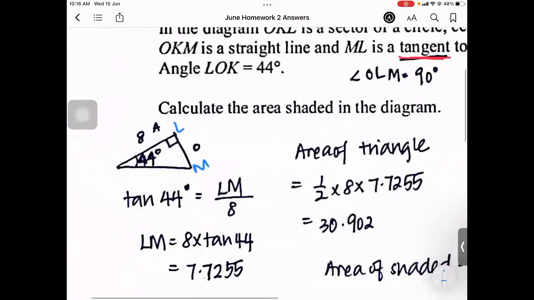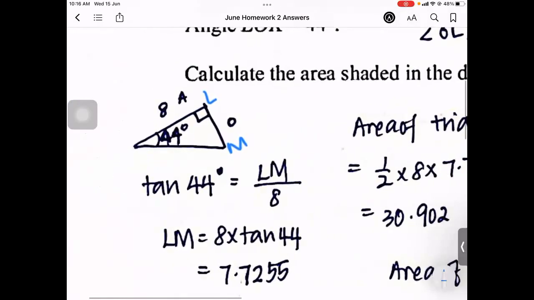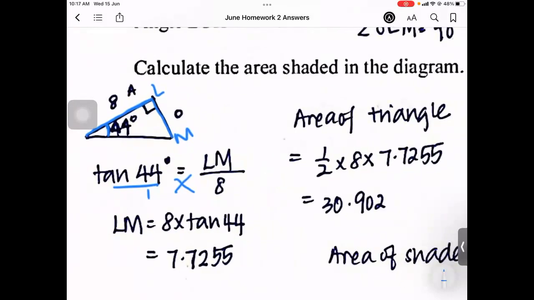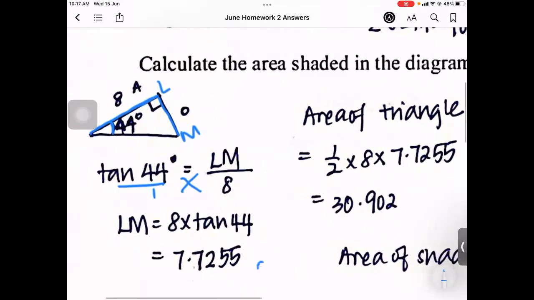Then in this triangle over here, this is the tangent: opposite is the side opposite my angle, and this one touches my angle, so it's adjacent. TOA, tangent. Cross multiply and get my answer 7.7255. This is not the final answer, so keep 5, 6 figures in my working.